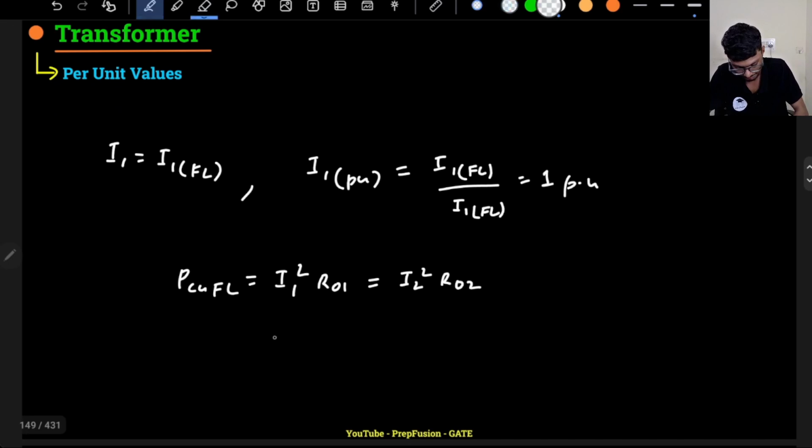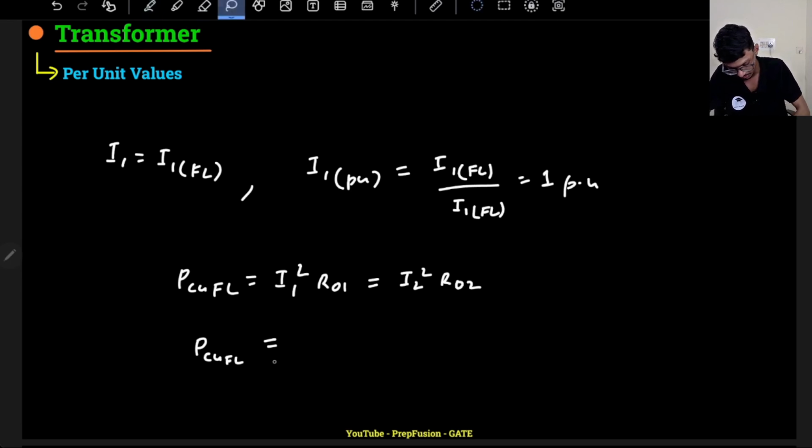If I want to write it in terms of per unit, what is the rated value? Rated value is I1 FL. Here instead of I1 there will be I1 FL square, correct? And this R01 will be there. So this is the PU FL. Sorry, I2 also, this will be I2 FL whole square, correct?